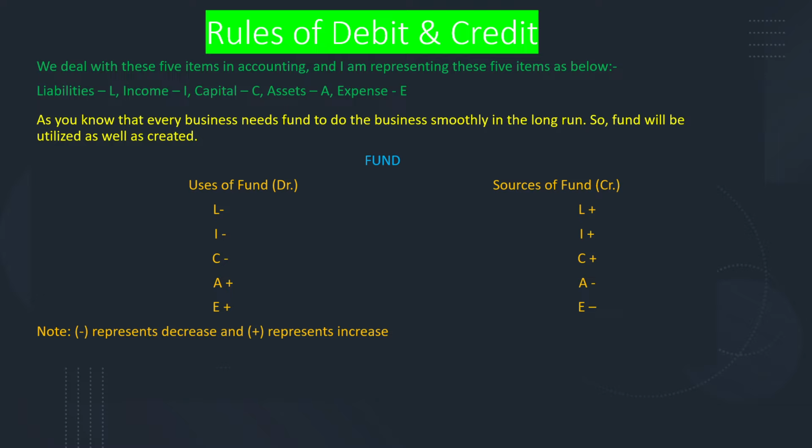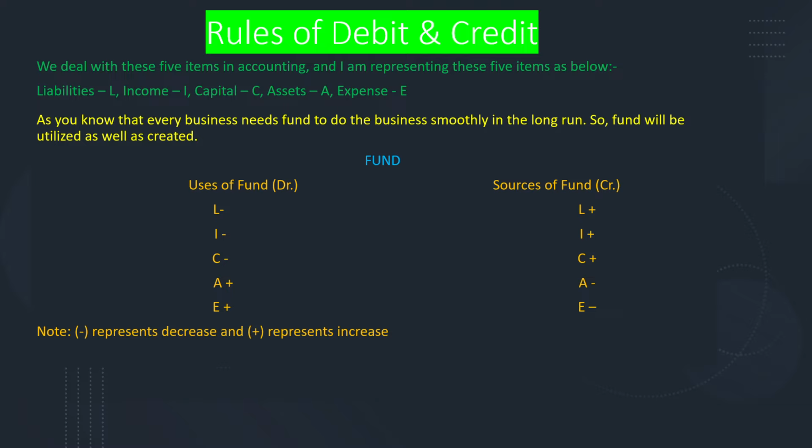Now, if you have seen my previous video, I explained about liabilities, income, capital, assets, and expenses. So before we jump into the examples, let's start by looking at the basic 5 key items in accounting.